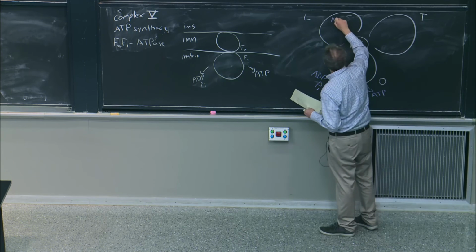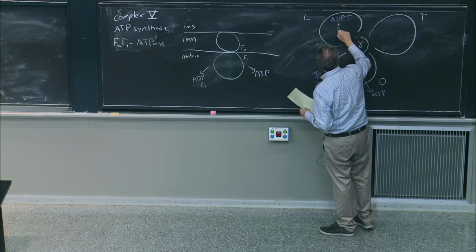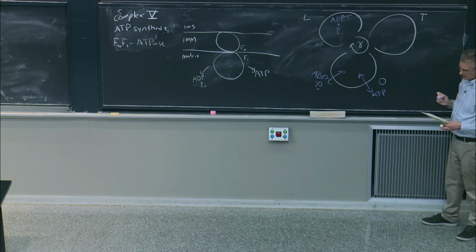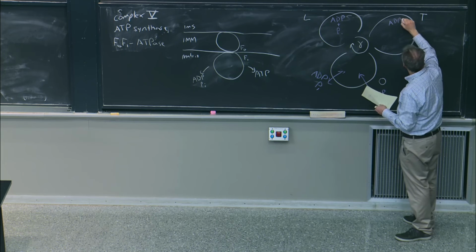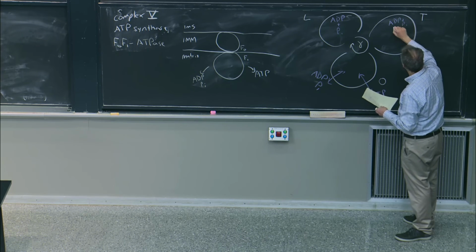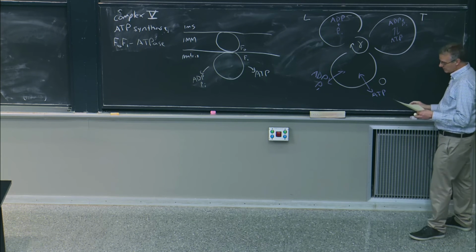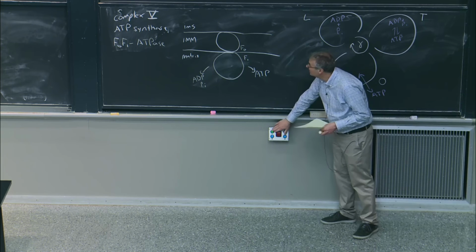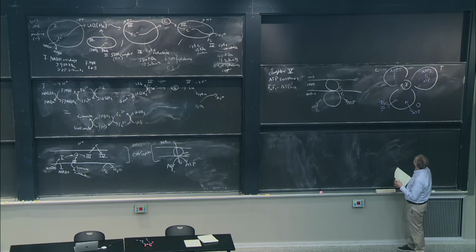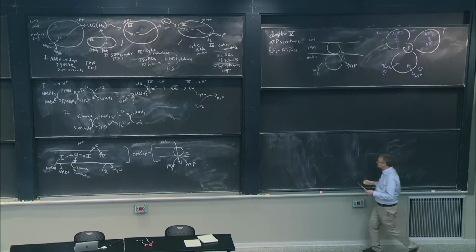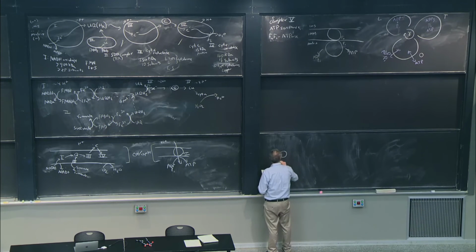In the loose conformation, you basically have ADP and phosphate bound, and the tight conformation is favored to synthesize ATP. And so you can envision that what actually happens here is that you first have ADP and phosphate bind in this open conformation.